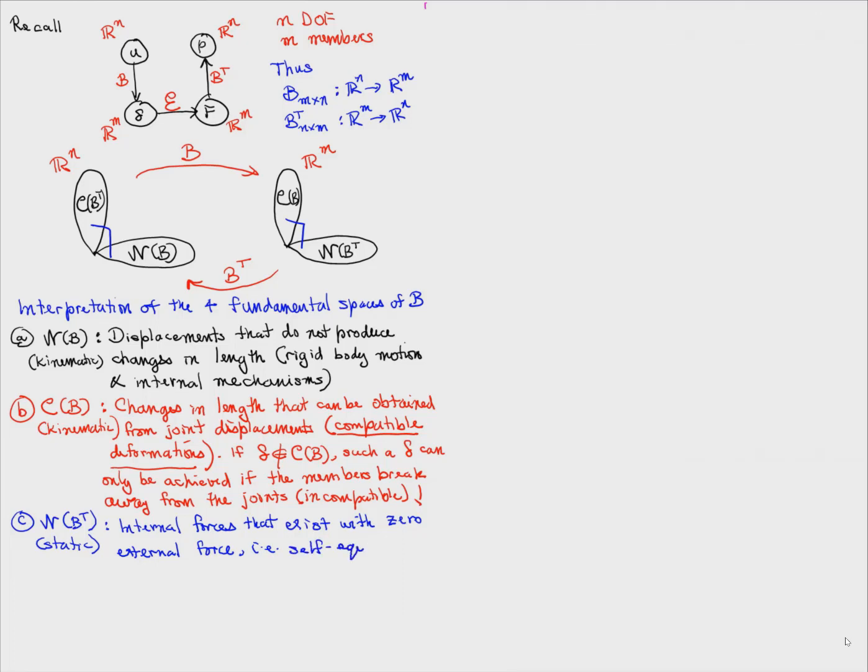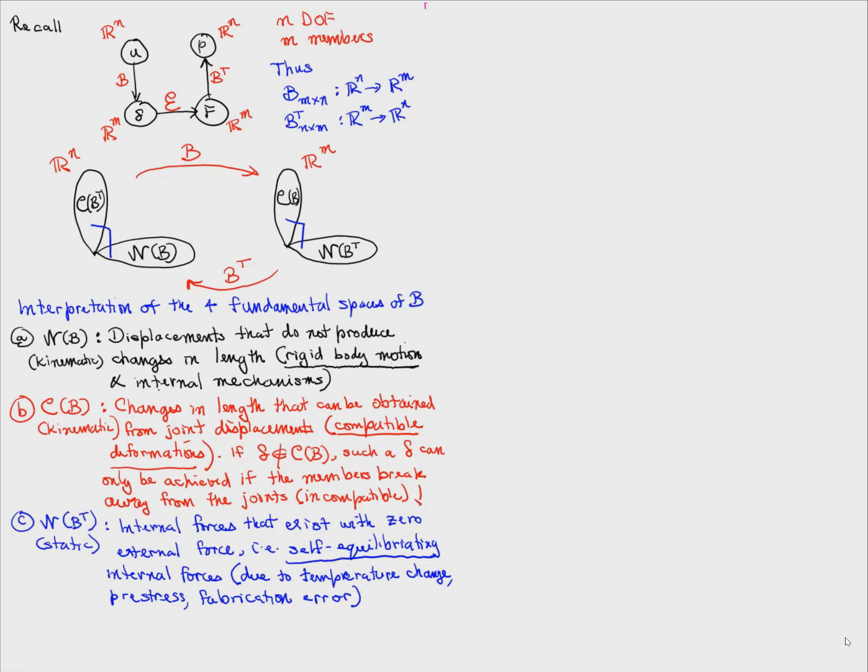This means these internal forces are self-equilibrating. That means because B transpose F is 0, there are no external forces. So such internal forces correspond to things like temperature changes, pre-stress, fabrication error. And you recall that we looked at temperature change in the first assignment.